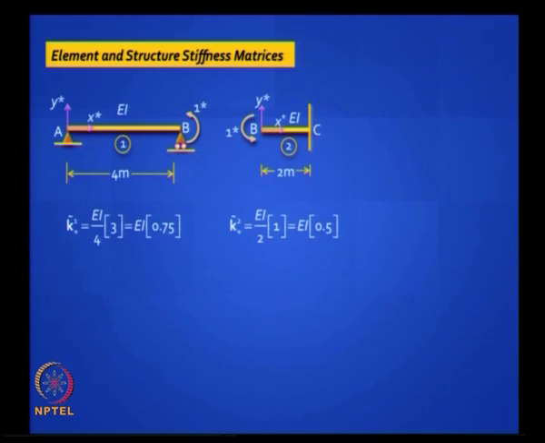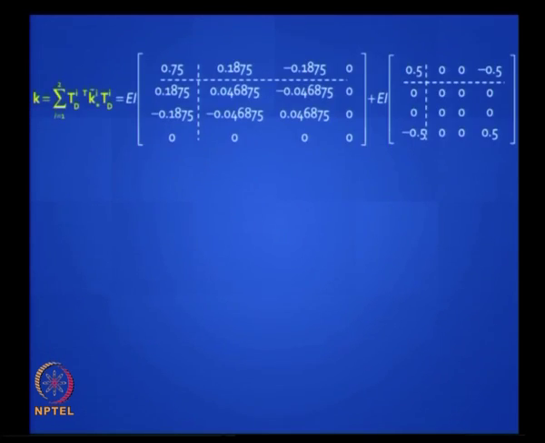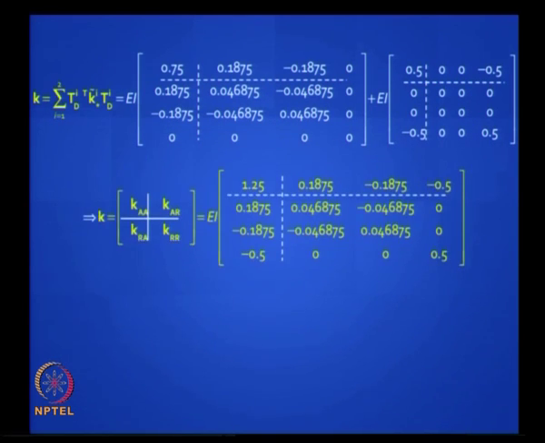You get 3 EI by L for the first element, EI by L for the second element, and plug in those values, you will get the stiffness matrix, okay, and find the inverse.